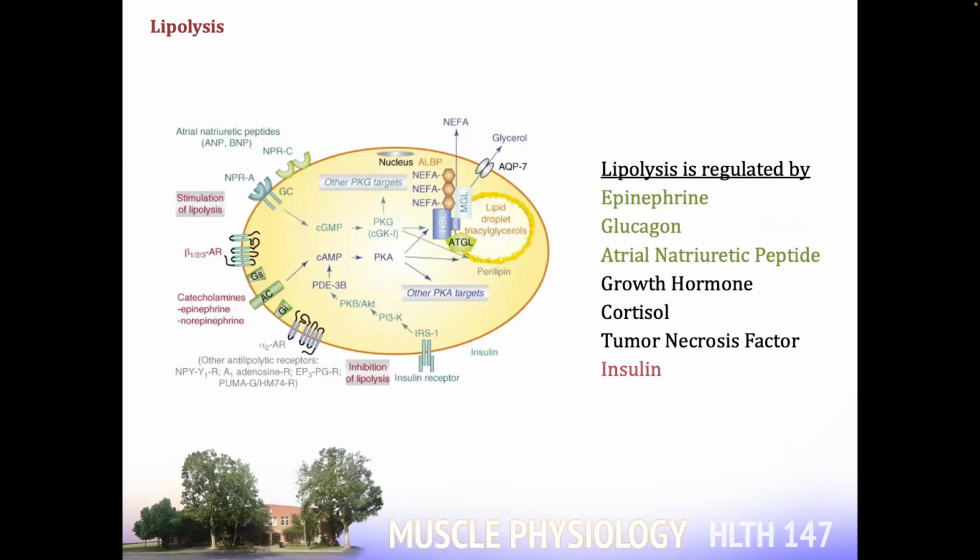And there's also atrial natriuretic peptide, top left in the diagram. That's released from the atria, right from the heart. And we're not going to talk about cGMP, cyclic guanosine monophosphate, and then PKG. But the downstream effect of this duplicates the effect of the catecholamines. So in addition to PKA phosphorylating hormone-sensitive lipase and perilipin, PKG can do it too.